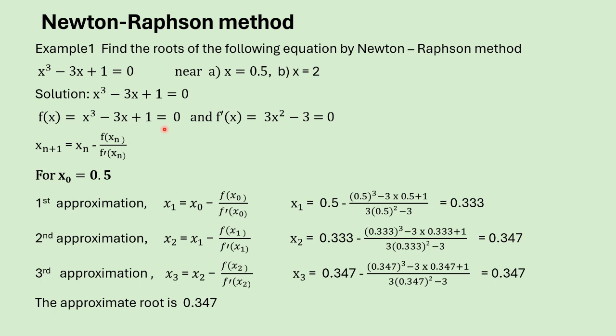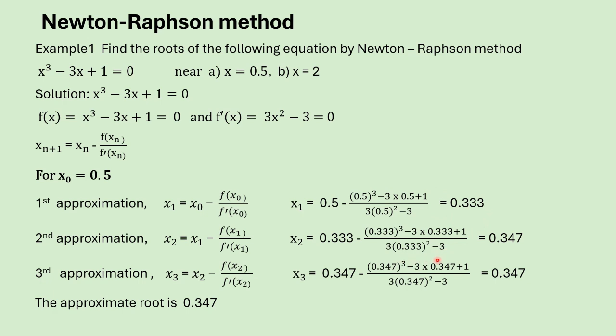So we get this value divided by f dash x1. This is the f dash value. Here we place the value of x1, which is this. So we get this. On simplification, we get 0.34.